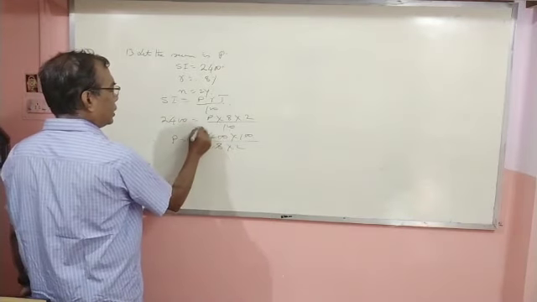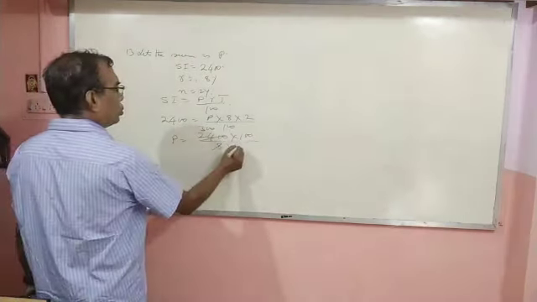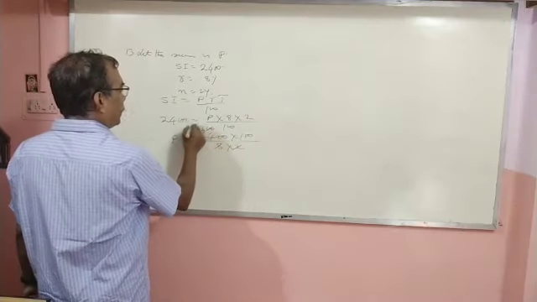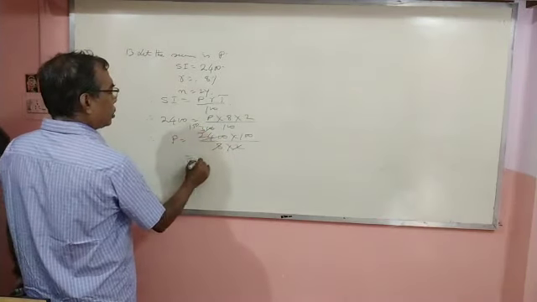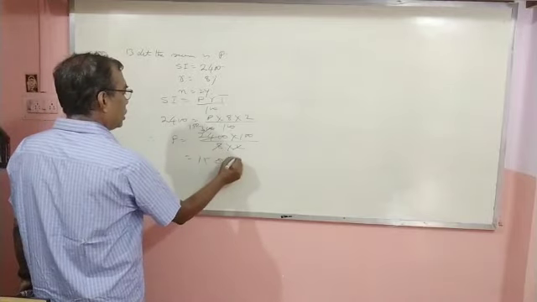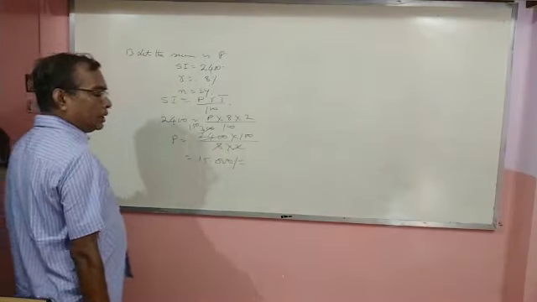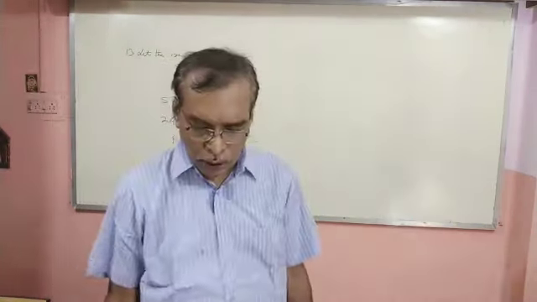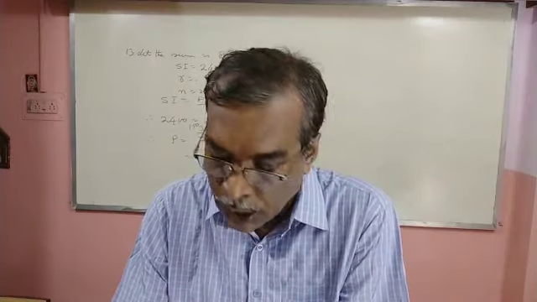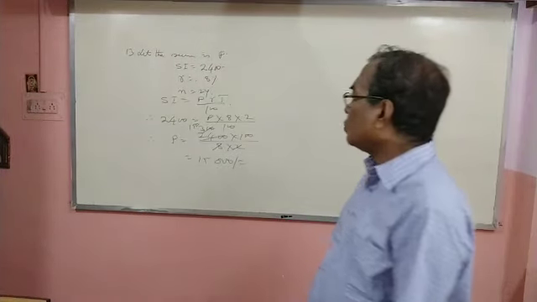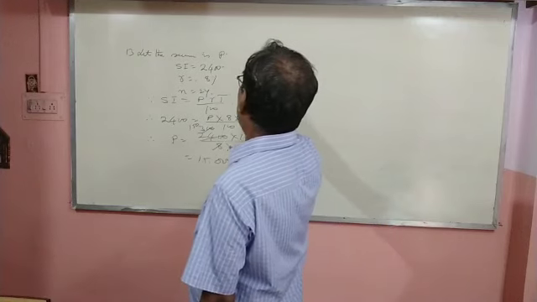8 threes are 24, so 300, 2 into 150, which is equal to 15,000. This is the principal amount. Now with this principal amount, you have to go for finding the amount in compound interest.